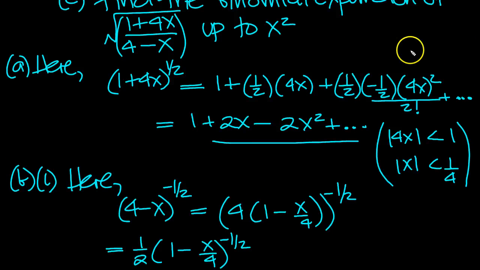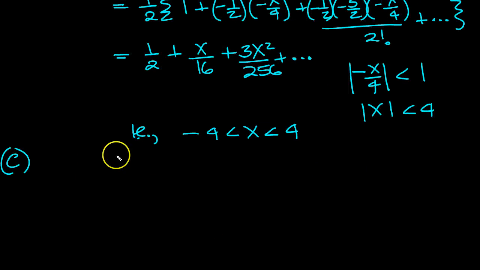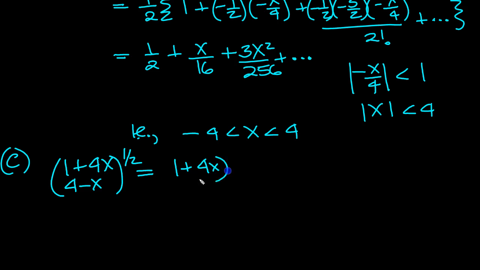It's (1 + 4x) over (4 − x), all to the power half, which is equal to the (1 + 4x) to the half times the (4 − x) to the minus a half. We want to expand this.